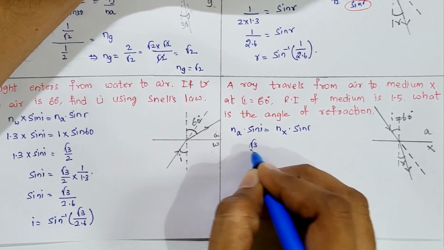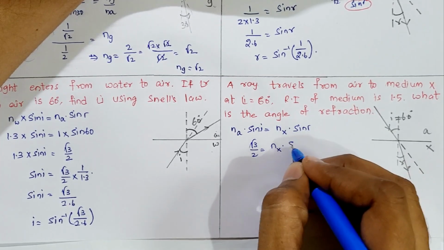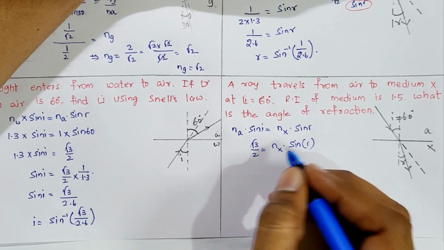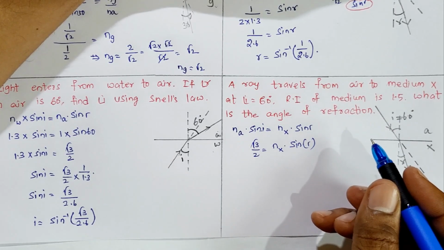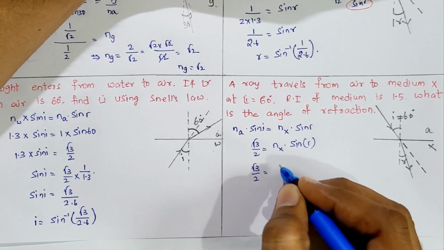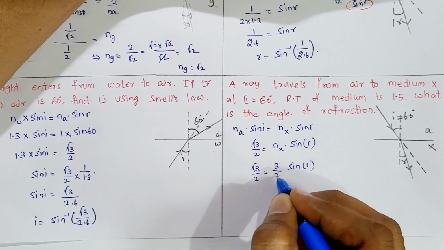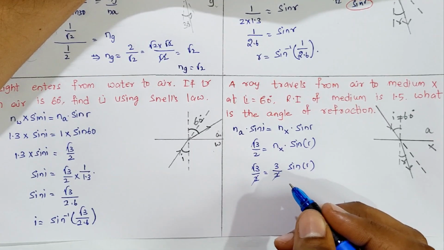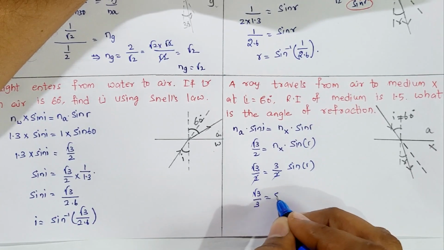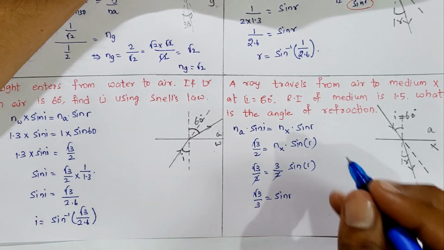Sin 60 is root 3 by 2, which is equal to refractive index of X medium into sin of angle of refraction. Refractive index of X medium is 1.5. 1.5 can be written as 3 by 2. So root 3 by 2 is equal to 3 by 2 into sin R. 2 cancels. 3 comes this side, it becomes root 3 divided by 3 is equal to sin R. 3 can be written as root 3 into root 3.